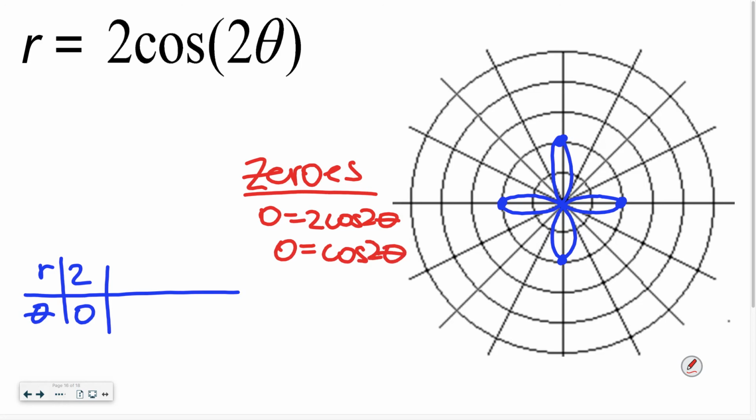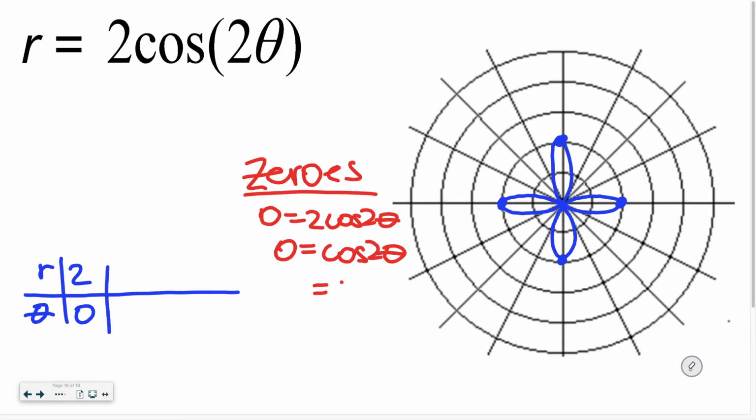Just draw petals and you'll be fine. So, please tell me the first 4 places in which the cosine is equal to 0.